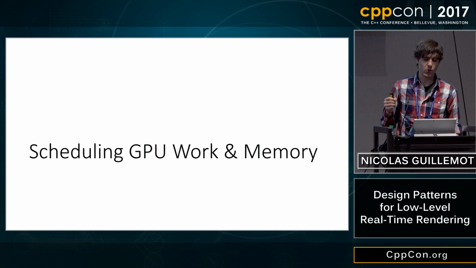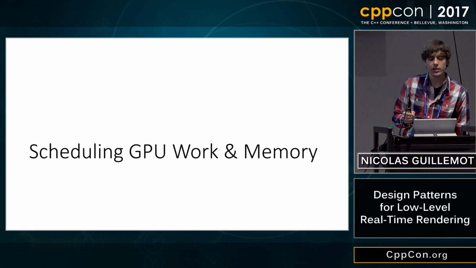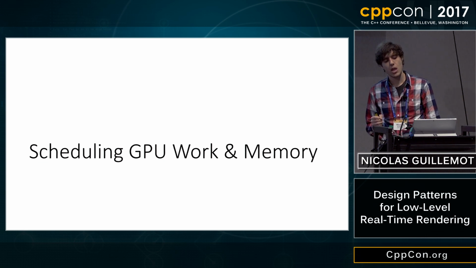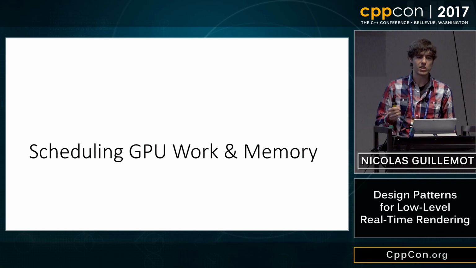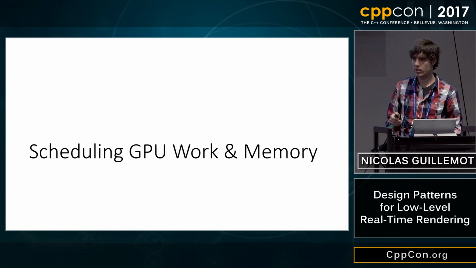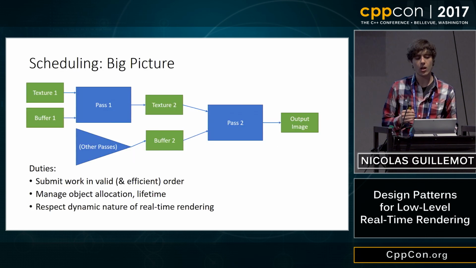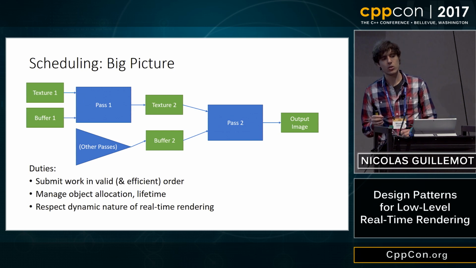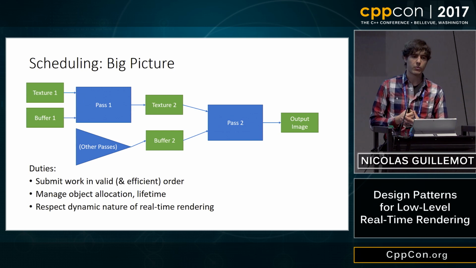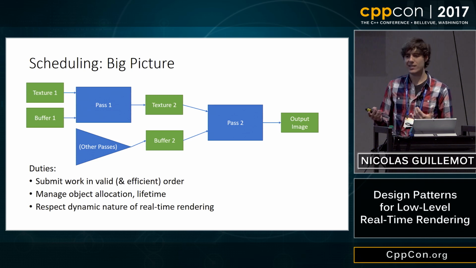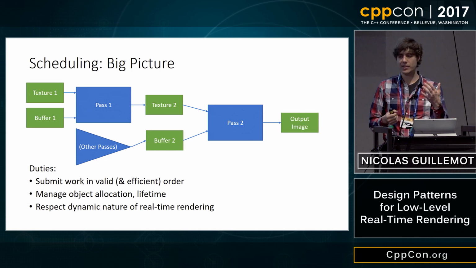Now, one of the last parts of this talk that I'm going to show you today is about scheduling GPU work and memory. Going back again to the big picture, you can decompose a frame of rendering in a real-time scenario into a bunch of passes, where each pass has a certain set of inputs and a certain set of outputs.